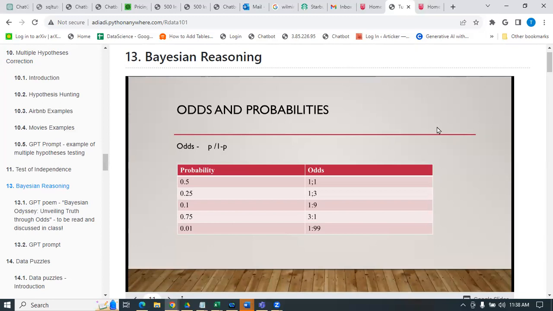So probability 0.5 translates into 1-to-1 odds. Probability of 0.25 translates into 1-to-3 odds. And so on. A probability of 0.01 translates into 1-to-99 odds. So we're going to use odds here, not probabilities. You can also easily translate odds back to probability in a similar manner.